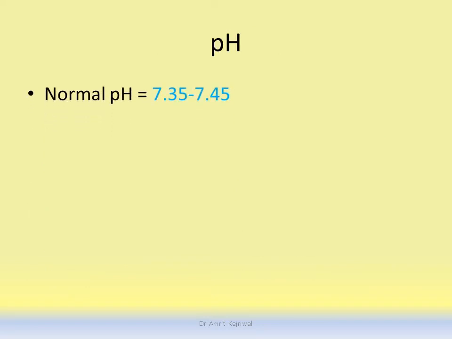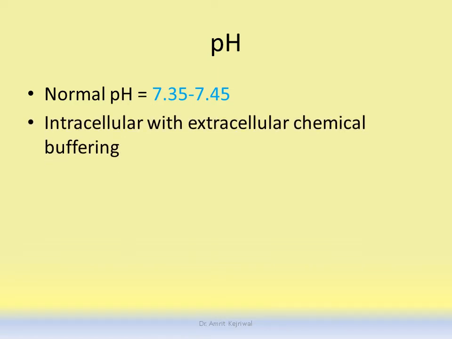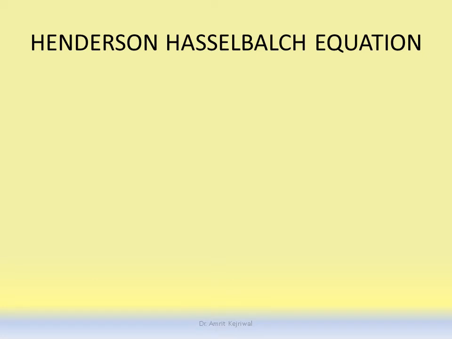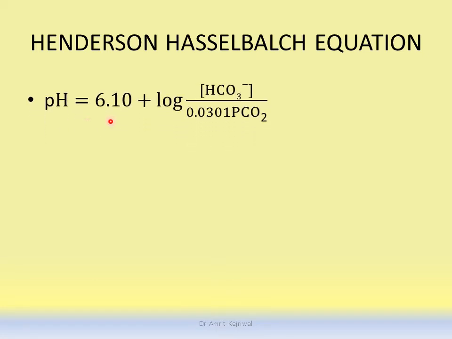pH. Normal pH is 7.35 to 7.45. There is intracellular with extracellular chemical buffering which maintains the pH 7.35 to 7.45. Kidneys and lungs both are complementary. Coming to the Henderson-Hasselbalch equation, pH is equal to 6.1 plus log bicarb divided by 0.0301 into partial pressure of carbon dioxide in the arterial blood.